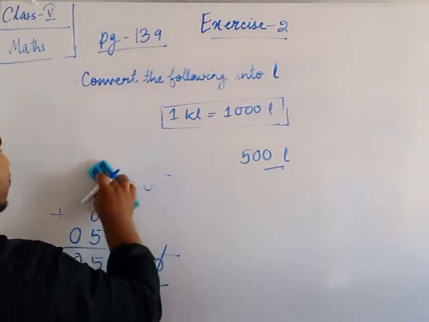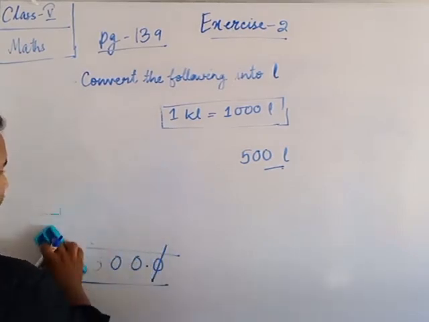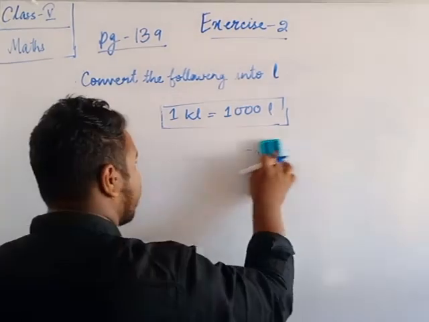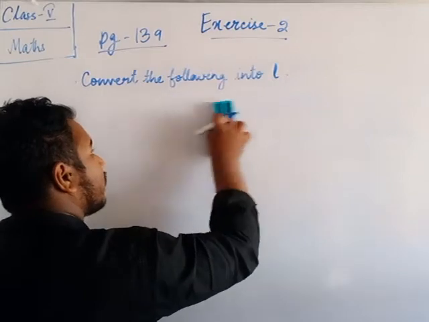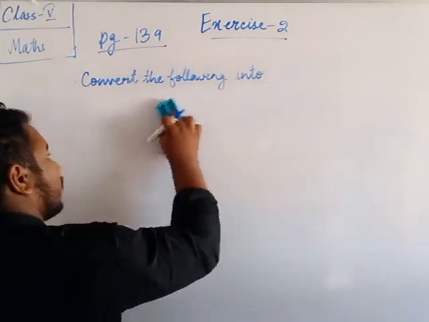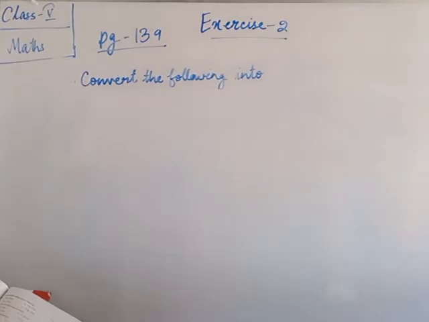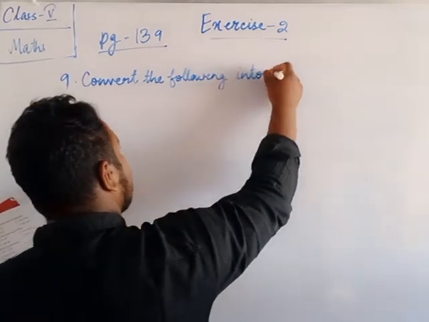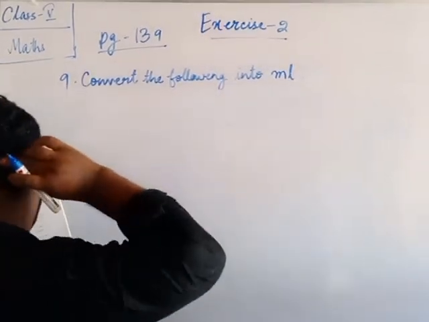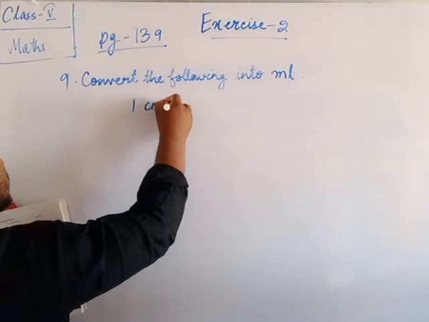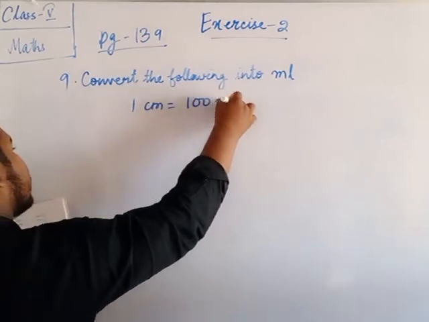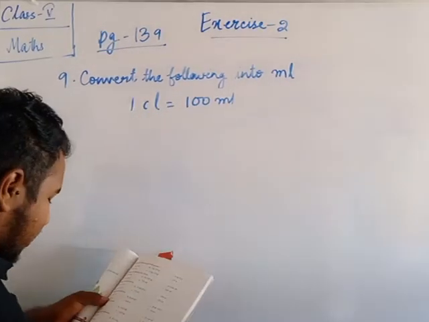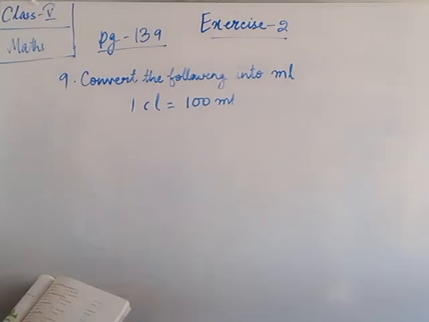Then you see 9 number question. Convert into milliliters. Okay, 1 centiliter is equal to 100 milliliter. So using this we will solve this one.